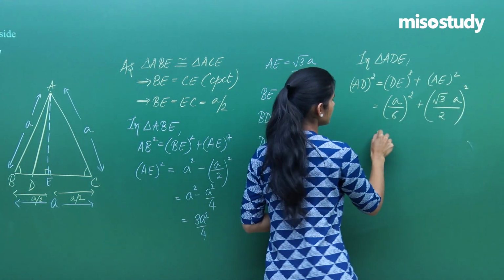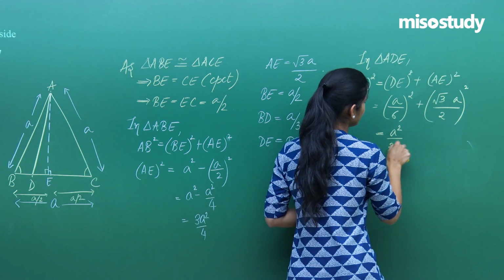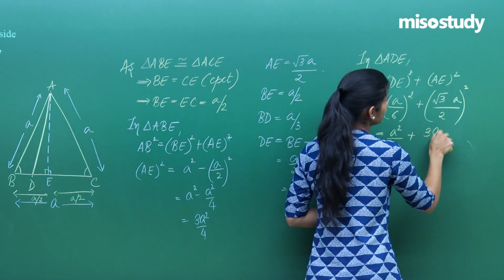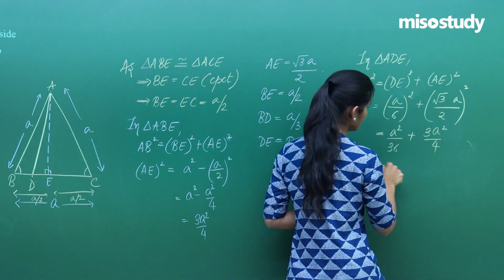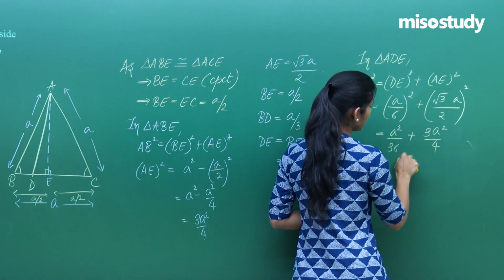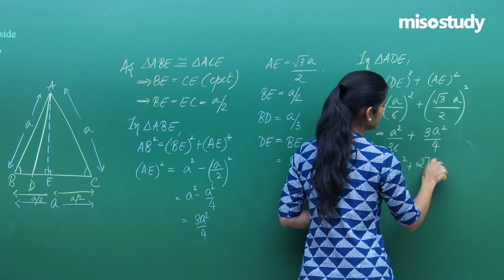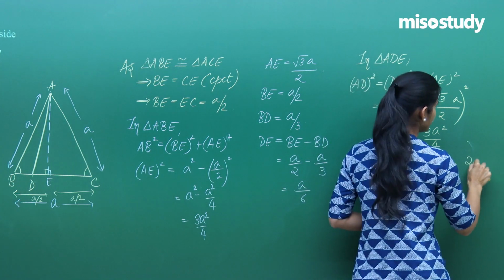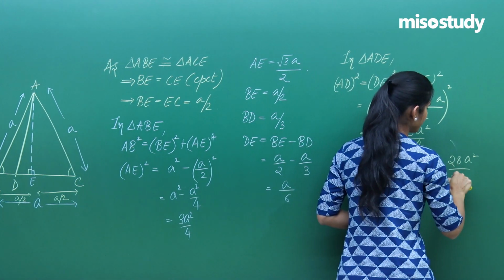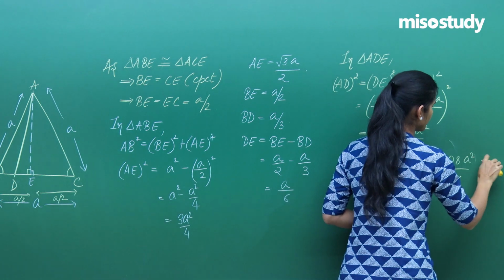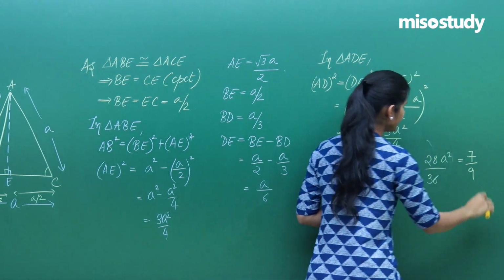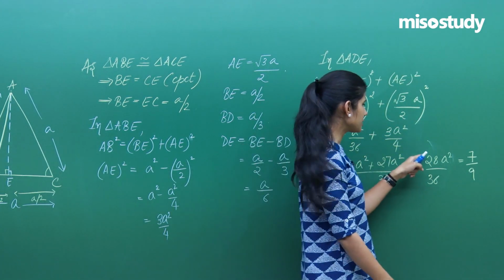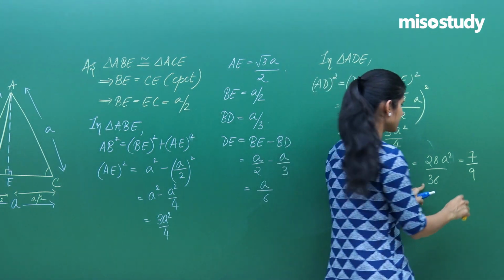Let's compute this. This is A square by 36 plus 3A square by 4. So you get A square plus 27A square by 36. This is 28A square by 36, which is 7 by 9. 4 into 7 is 28, 4 into 9 is 36.